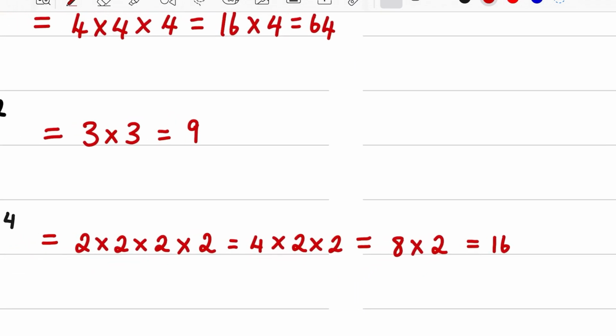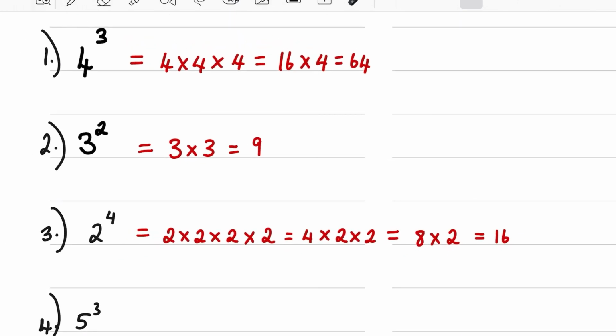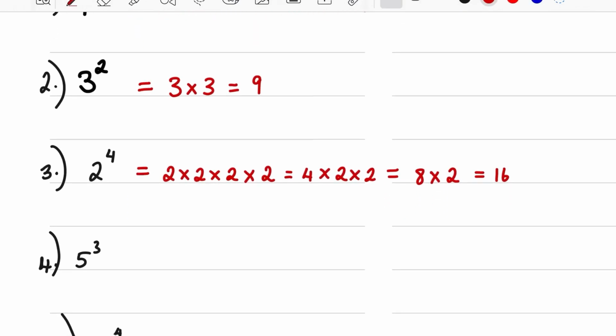So whatever I do not operate on, I just bring to the next step. So this 2 multiplied by 2 comes here, and the 4 multiplied by 2 is evaluated here. And then we have another times 2 that we bring over. So 8 times 2 again is 16.